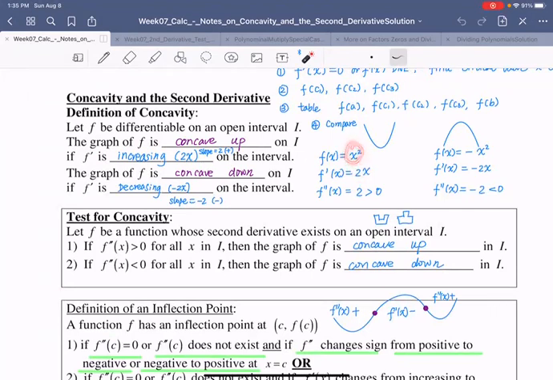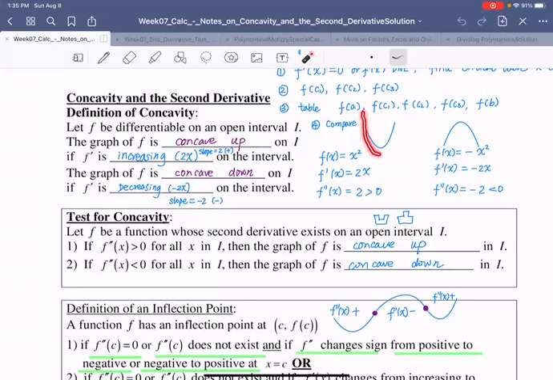X squared's first derivative is 2x. So for this graph, the first derivative is like this, y equals 2x. Of course, it has a positive slope, so it is called increasing. So if your first derivative is increasing, or your second derivative is positive, you call this concave up.